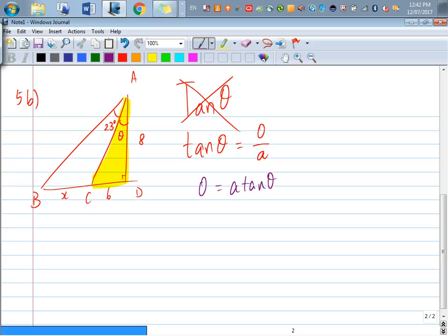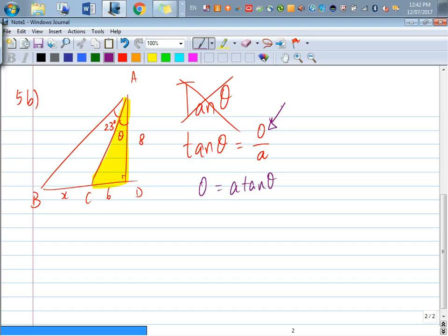Now what does this look like to you? Does this look like O equals A tangent theta, or does it look like something else? Come on, it looks like 0, right? It looks like 0 equals A tangent theta. So is it a good idea to use O to represent opposite? It is not a good idea.